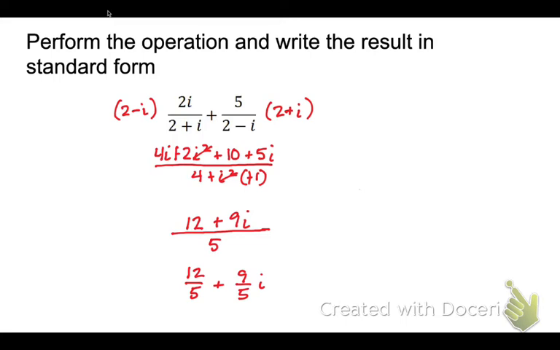And then did you get 10 plus 5i for the other one? For this part, did you get 10 plus 5i? No. What'd you get there? Oh, okay. So all you did is you put i squared on that very first 4, and it shouldn't have been squared, because it's just 2 times 2i.